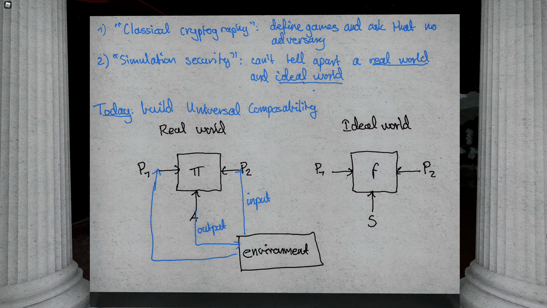And the idea is that the environment wants to distinguish, it wants to tell whether it was interacting with the ideal or the real world. So you can view the adversary as trying to provoke bad behavior. And it's the environment's task to try to tell the difference between them or to distinguish the two worlds.